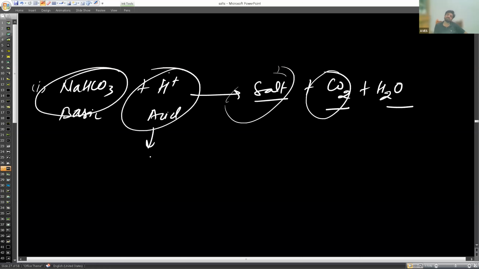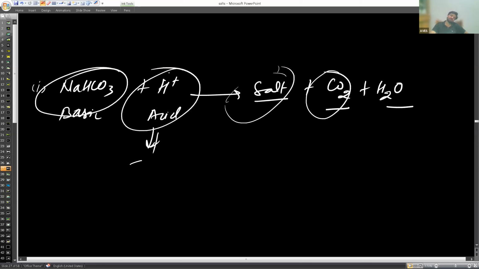Aisha, tell me. Tartaric acid neutralizes the bitter taste of what? Baking soda, yes, sodium hydrogen carbonate. And why is there a need to neutralize it? Because it will add a bitter taste to the pakoras or whatever we are making.